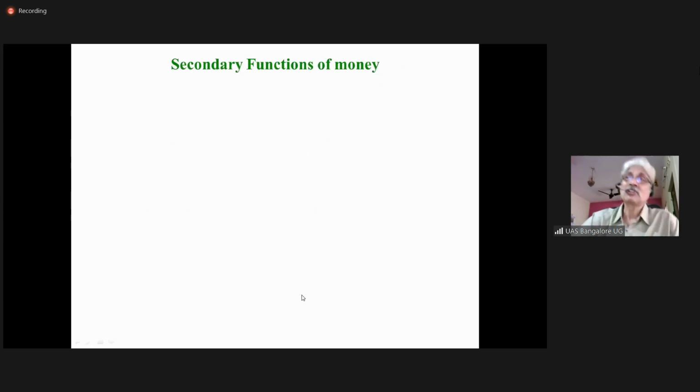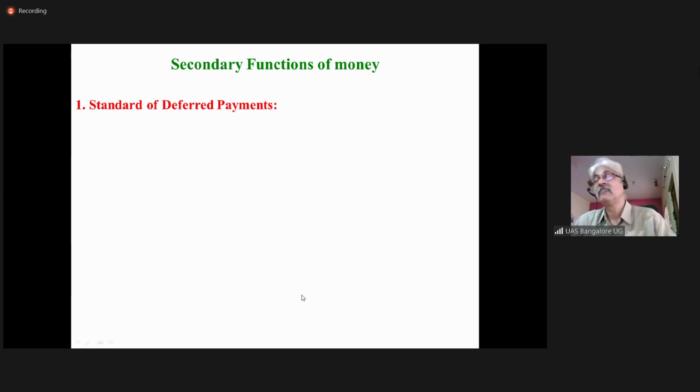Then secondary functions of money. In primary functions, we have seen two. Secondary functions, we have three. Total five functions of money. Secondary functions, one, standard of deferred payments. Yesterday, I had mentioned the meaning of the word deferred.